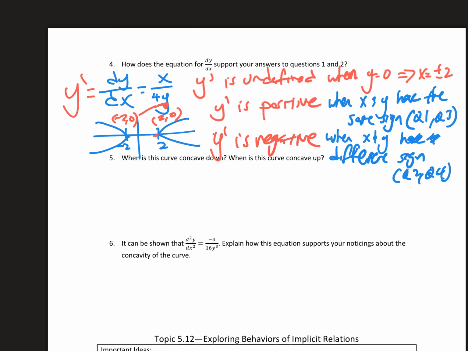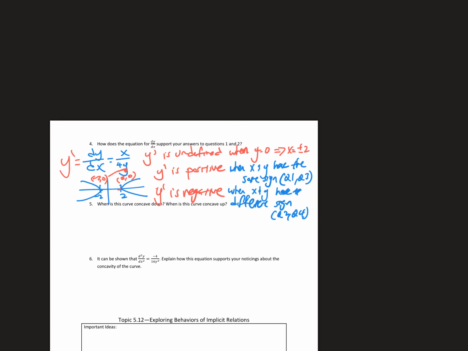And notice one thing we didn't talk about: when dy dx equals 0, when the slope equals 0. I want to take a second to do that. You don't have to write this down, but I just want to show you something. Let me write on the edge here.